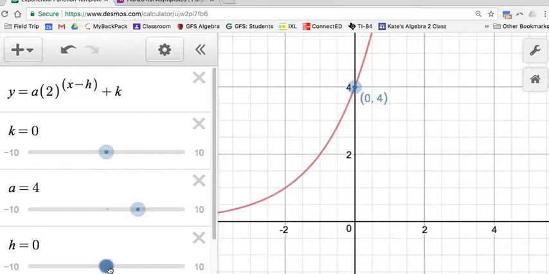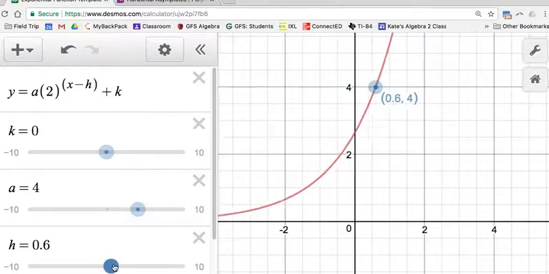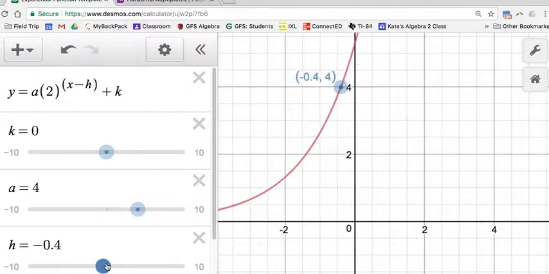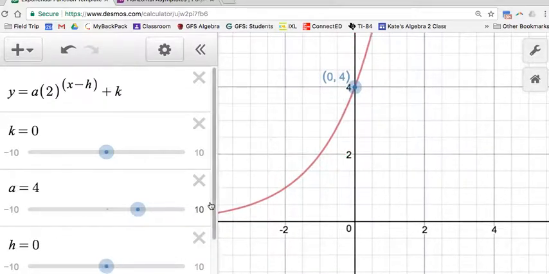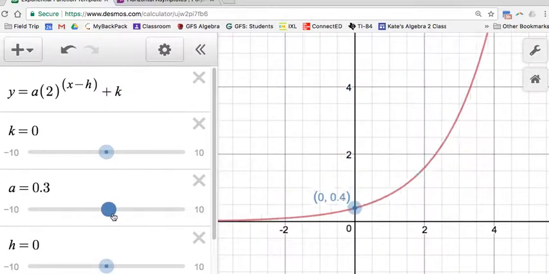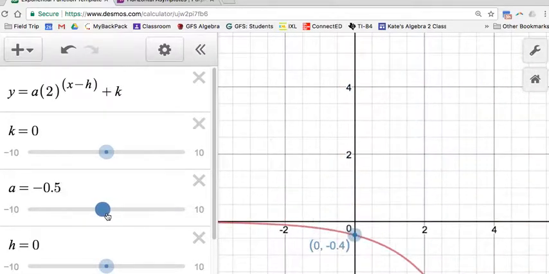Be careful when you think about it a little bit because the horizontal shifts have an impact on that, but I'll let you play around with that a little bit more when you're looking at Desmos. One other thing I wanted to point out is what happens when this a becomes negative.